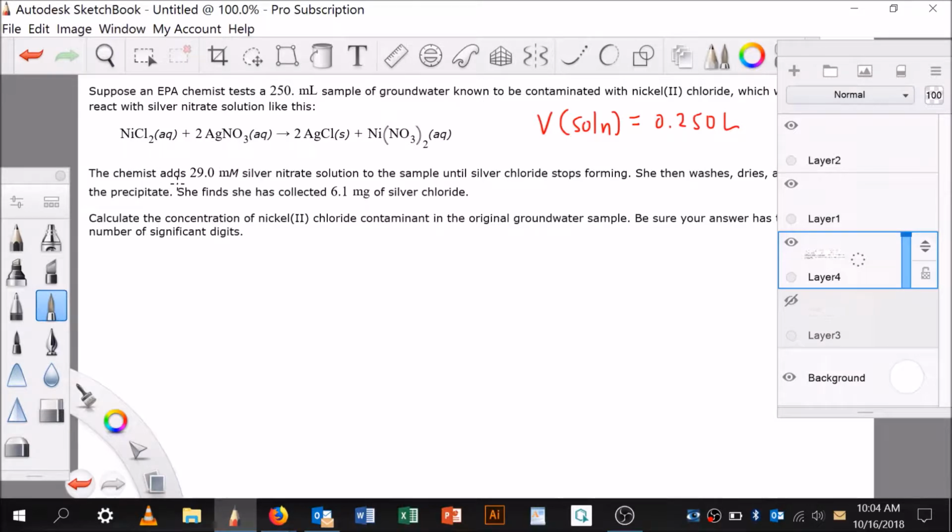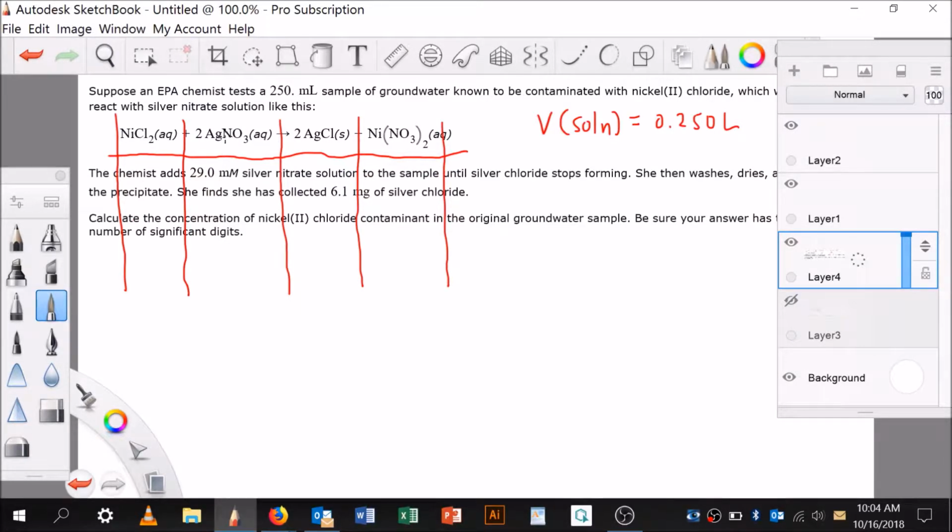So now the chemist adds 29 millimolar silver nitrate solution. That's silver nitrate right here, so I'm going to use this as my heading for my table. This will be column 1. You've seen these columns before.